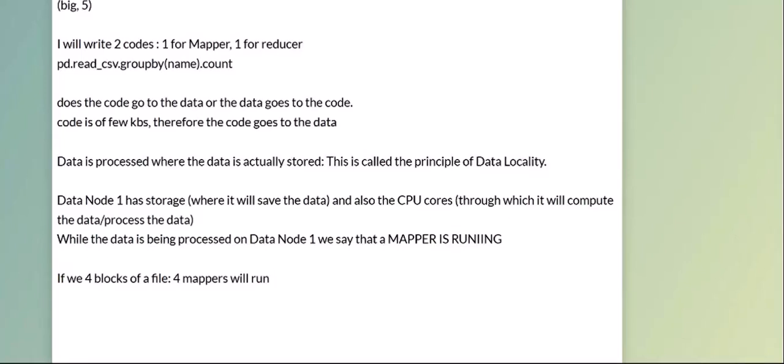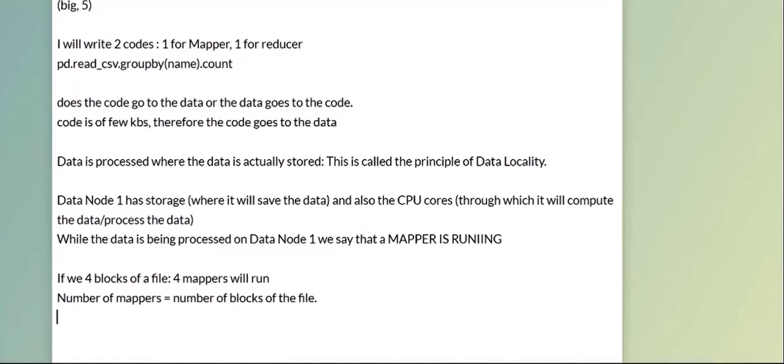So what do we observe from here? We observe that the number of mappers is equal to the number of blocks of the file.